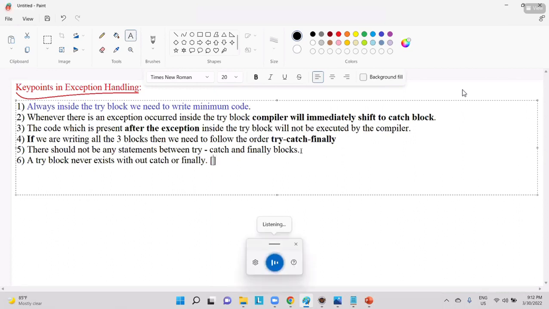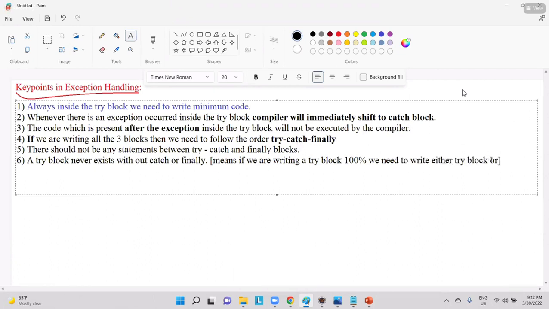Means, if we are writing a try block, 100% we need to write either a catch block or finally.